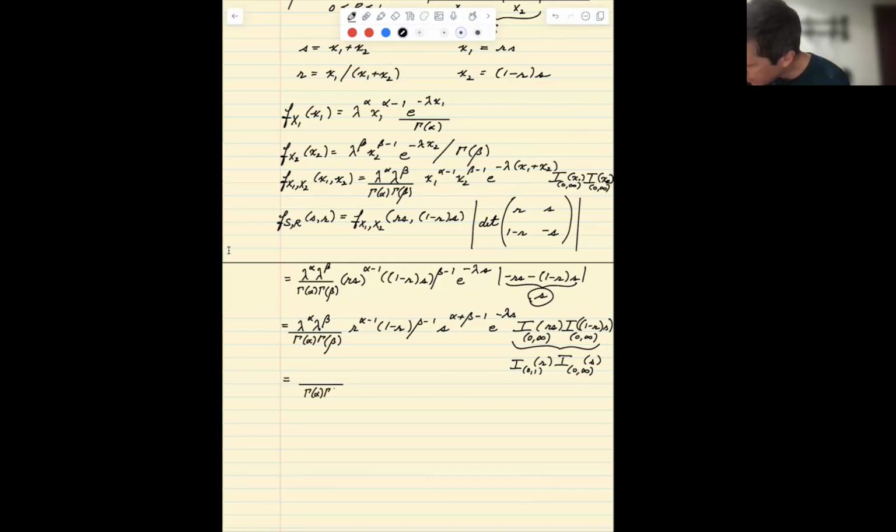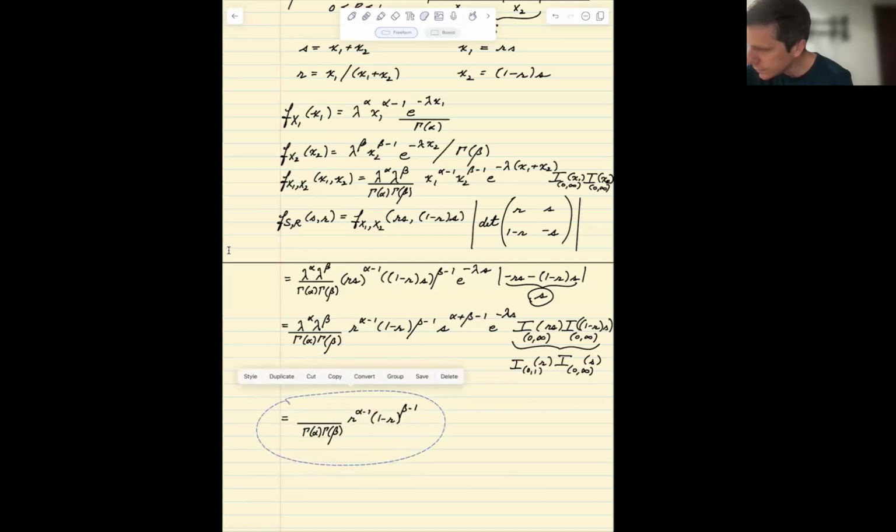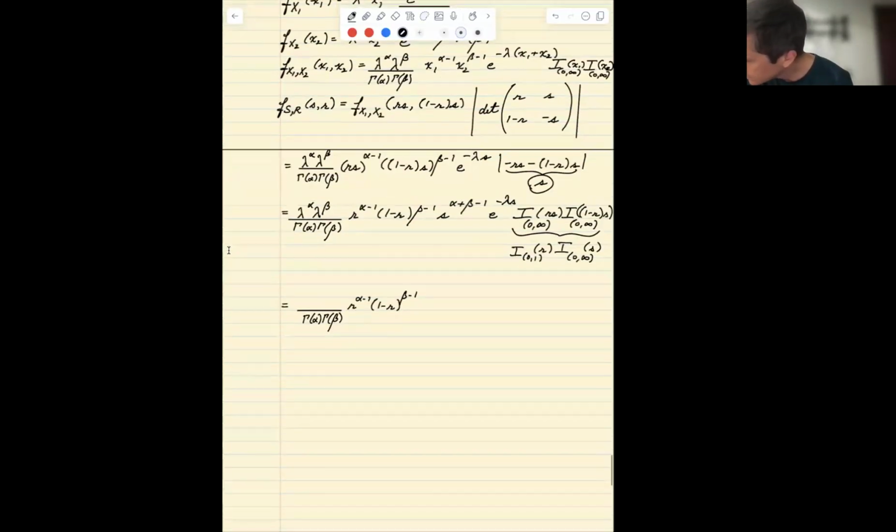Gamma alpha, gamma beta, R to the alpha minus 1, 1 minus R to the beta minus 1, indicator of R from 0 to 1, times lambda to the alpha plus beta, S to the alpha plus beta minus 1, e to the minus lambda S, indicator for S from 0 to infinity.